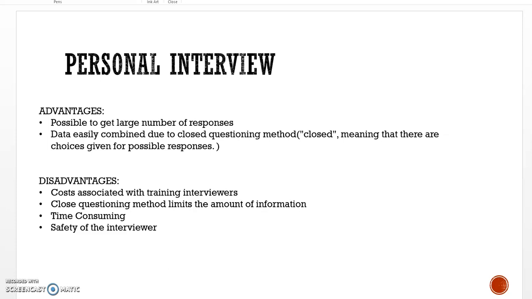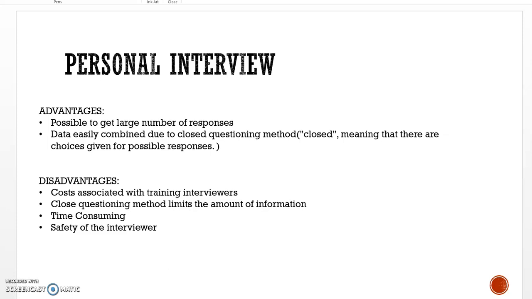And what I mean by closed is choices are given for the responses. So what that means is, instead of giving an open-ended question, why do you like the color blue? Instead of that, you're going to ask a question where, what is your favorite color, red, blue, or orange? So a closed question means the choices are given.